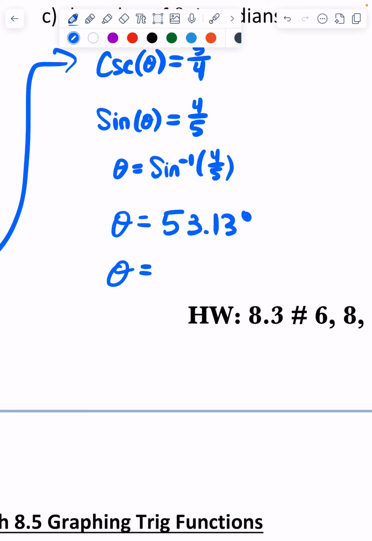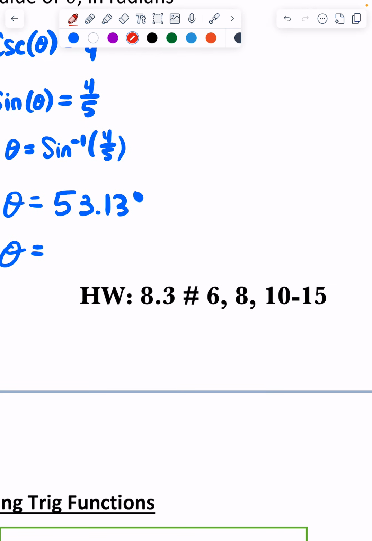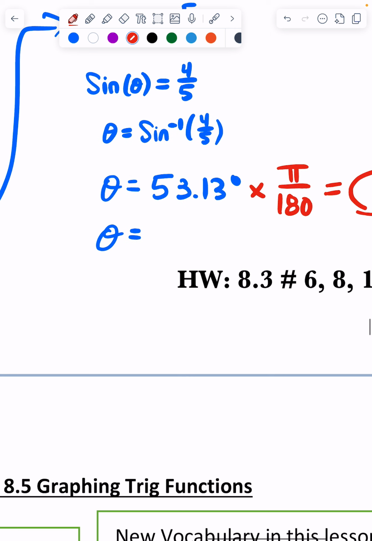So a lot of ways that you could do this. You could just take your degrees and multiply it by your conversion factor, as we talked about in class, and that will give you an angle in radians. Or you could just switch your calculator into radian mode and type in the same thing and see what it gives you.